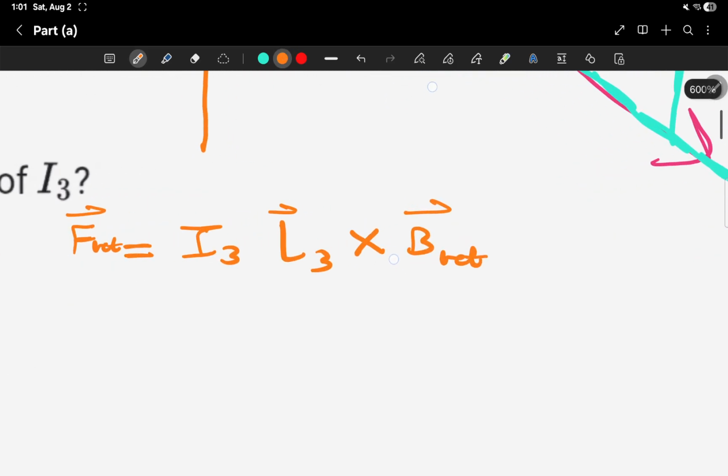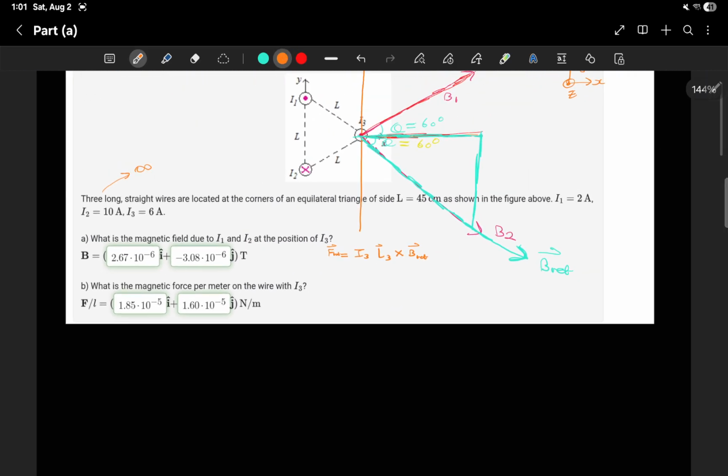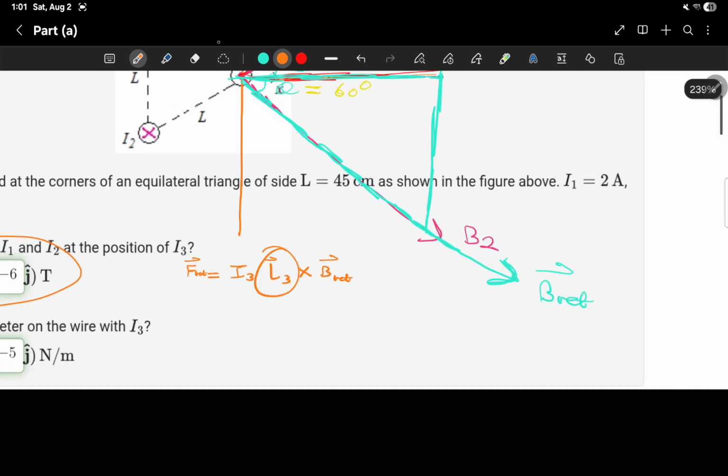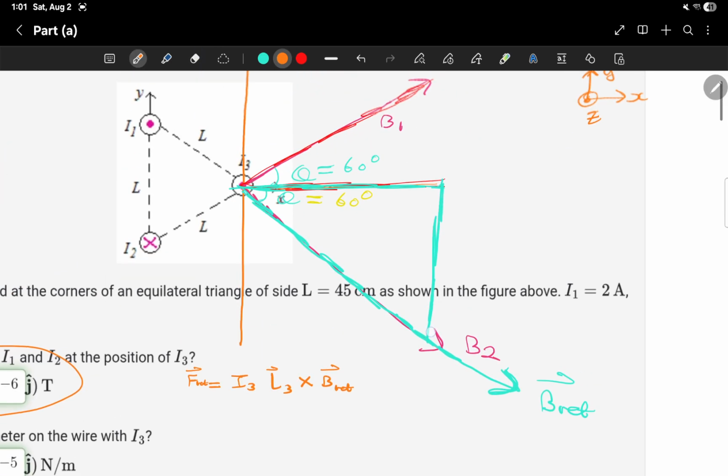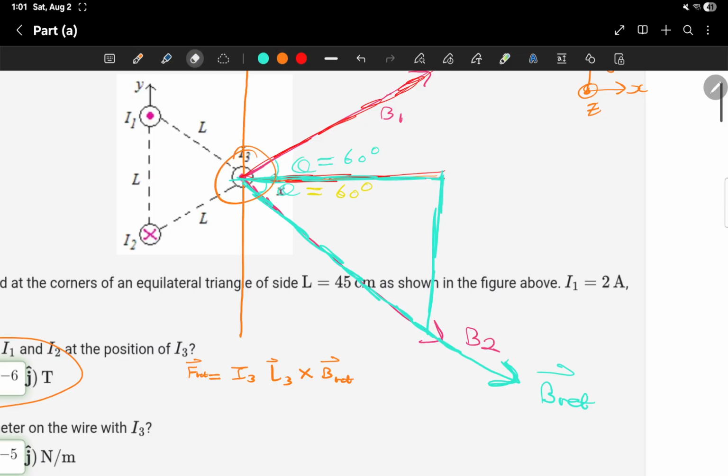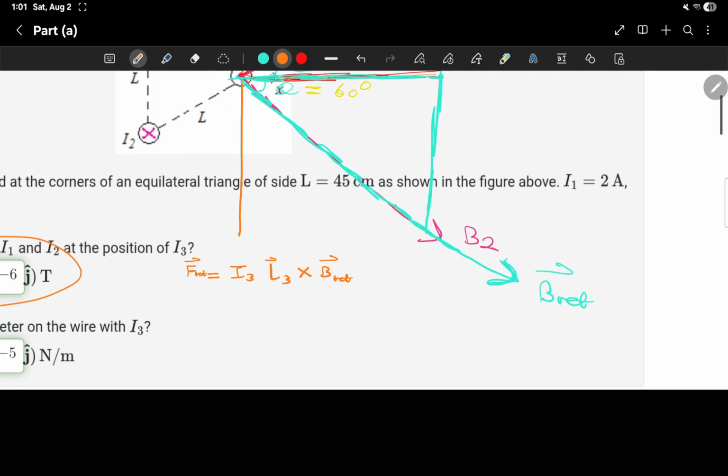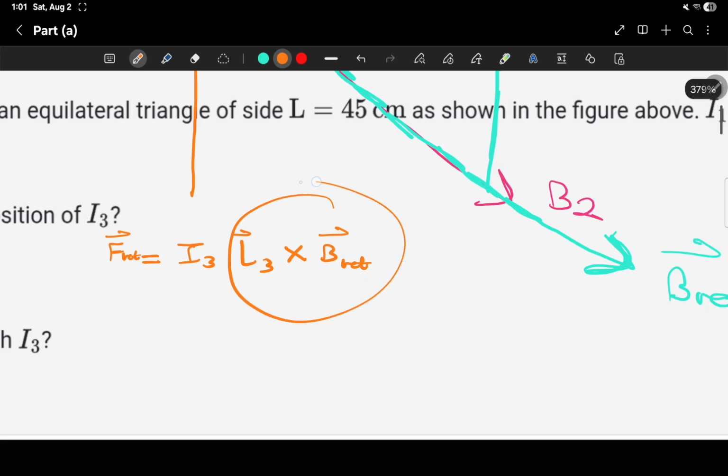And now for this formula, we basically have the net magnetic field. That's awesome. We also have the current in the third wire. And then we just don't have L3. The thing with the length of the third wire is that it's an infinitely long wire, so it's technically infinite. But that doesn't matter. Here in the cross product, all we really need to do is to say that there are actually two definitions of the cross product, right?